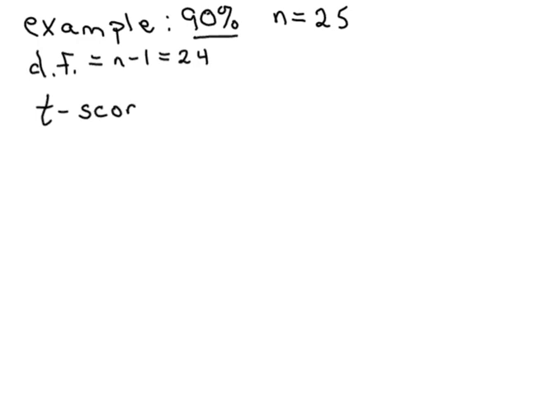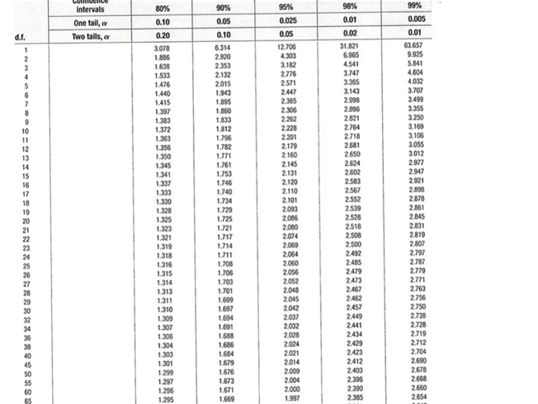With my confidence interval of 90%, when I get ready to calculate the t-score, I have to go to my t-table, looking at a 90% confidence interval and our degrees of freedom. Our degrees of freedom are all the way over on the left. Down here is the column for confidence intervals.